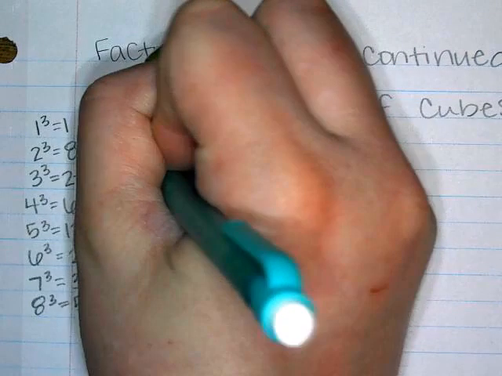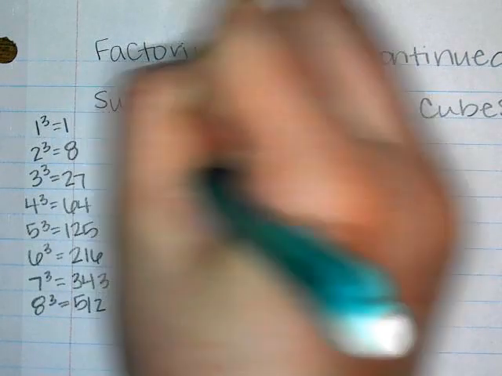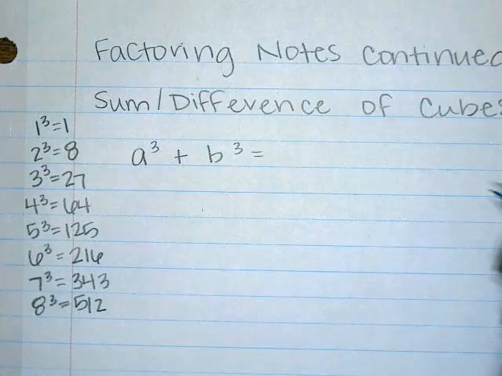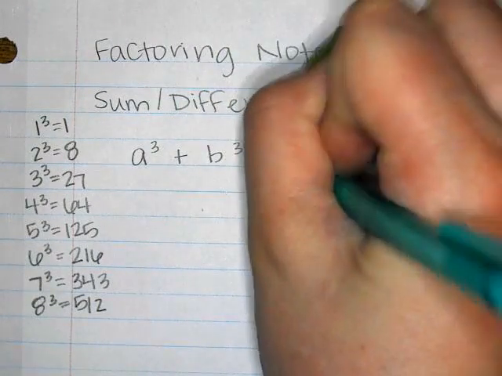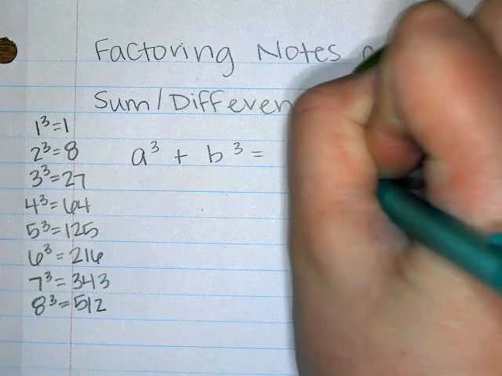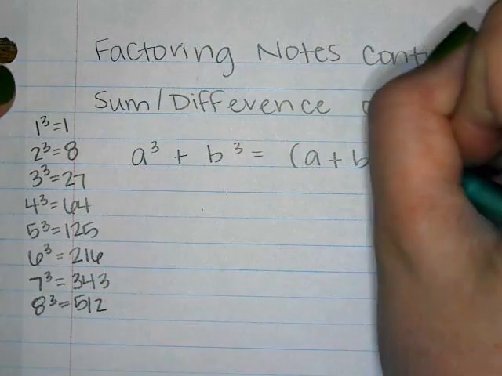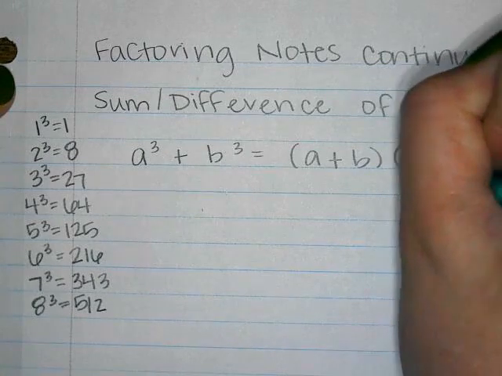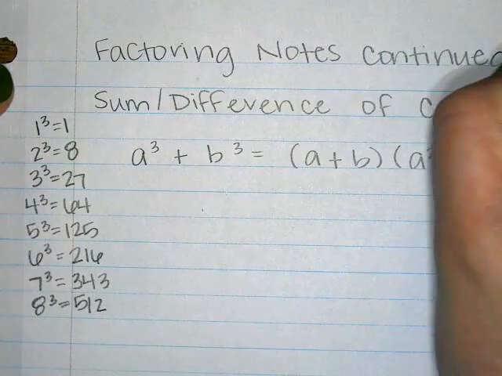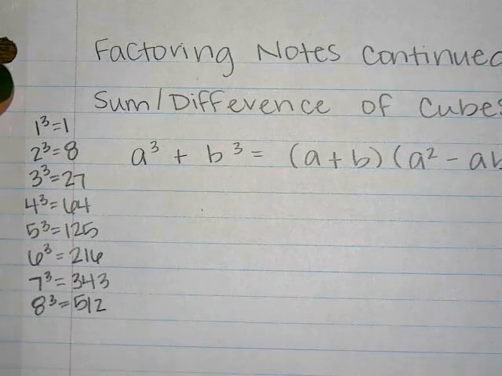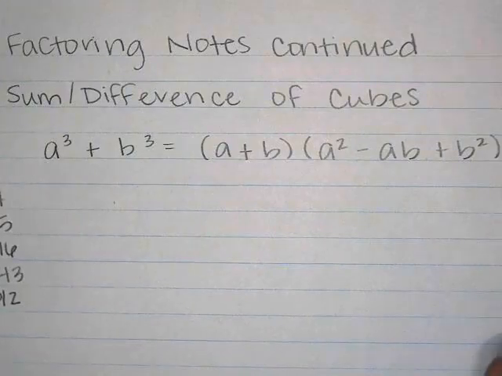So we have something cubed plus another thing cubed. And when that is factored, it would be the first thing plus the second thing, and then the first term squared minus the first term times the second term plus the second term squared.